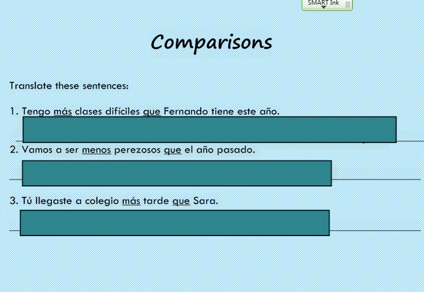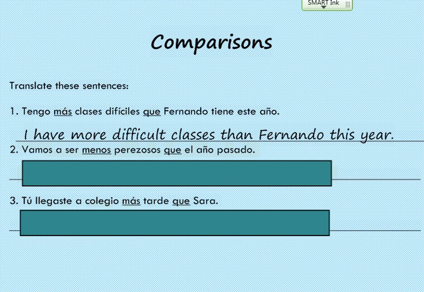Well, the formula we just wrote down says that más que together means that something is more than. So we know tengo is I have, más, more difficult classes than Fernando this year. Okay, go ahead and pause the video and first try to translate these on your own, then you can check your answers. Pause the video now.